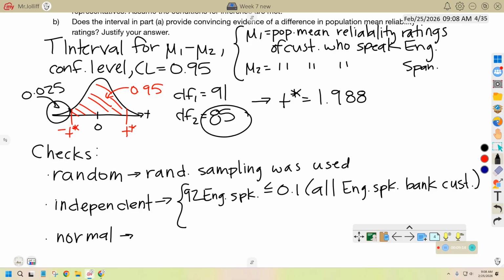Next statement. How's it going to change? Spanish speakers, so 86. Spanish speakers should be less than 10% of all Spanish-speaking bank customers.